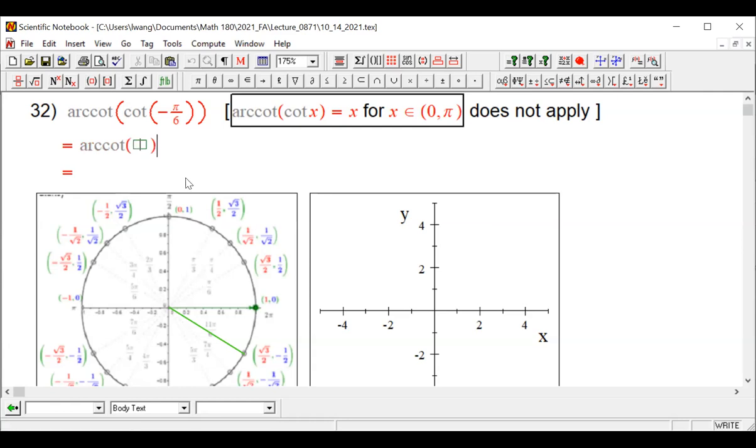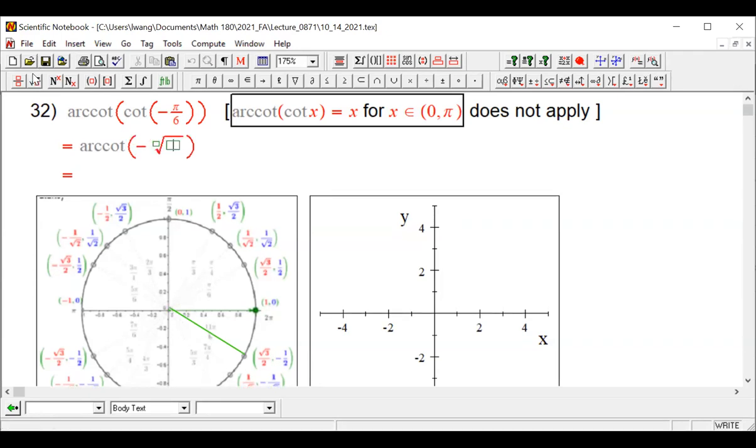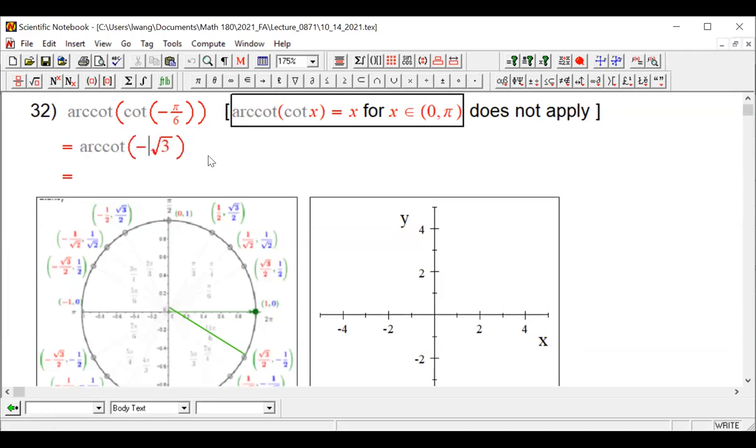What do we get if we divide red by blue? Negative root 3. So we have arc cotangent negative root 3.